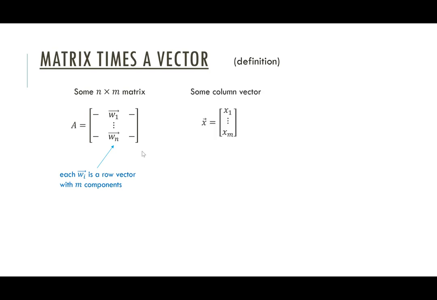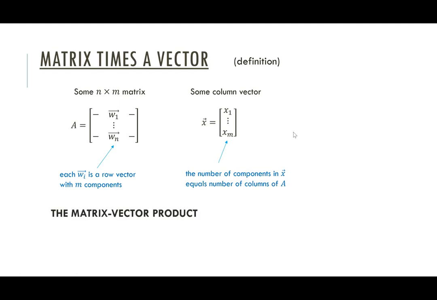And then we'll take some column vector, call it x, and it has x1 all the way down to xm. So the number of entries or components in this will be the same as the number of columns. If we have a matrix and vector of this form, then we define the matrix vector product, call it AX, rewriting A and X in this way.